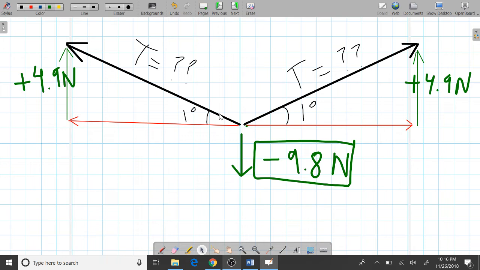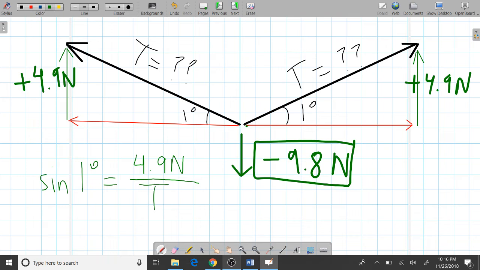So we will say that sine of 1 degree, because our angle there is 1 degree, is equal to opposite over hypotenuse, where our opposite side is 4.9 newtons and our hypotenuse is what we're trying to find. We're trying to solve for T.